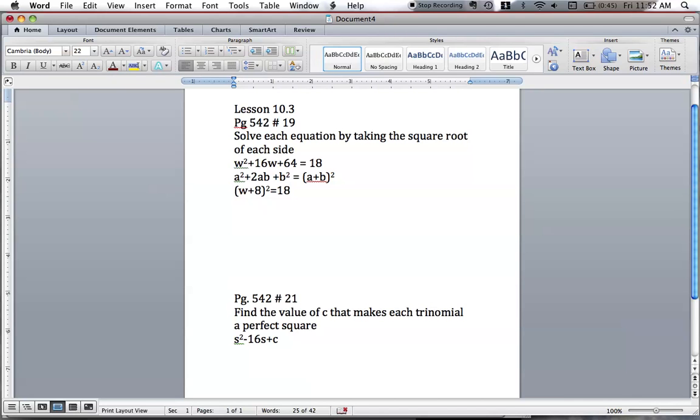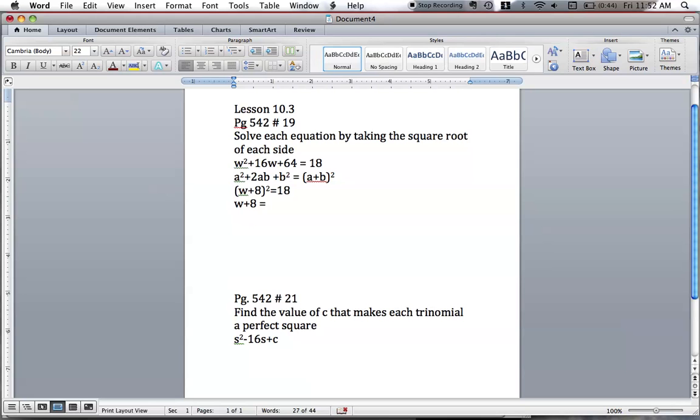From here, we can take the square root of each side and solve. This whole left-hand side of the equation is squared, w plus 8 all squared. When you take the square root of something squared, you're left with itself. So on the left, we just have w plus 8.